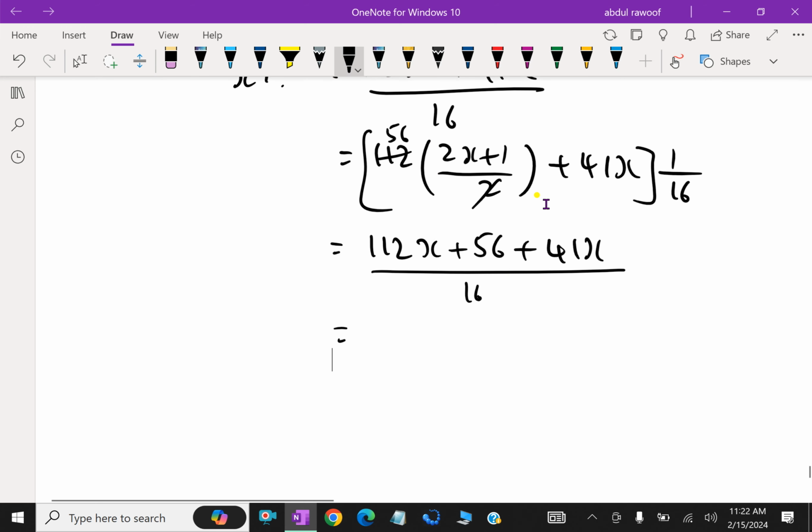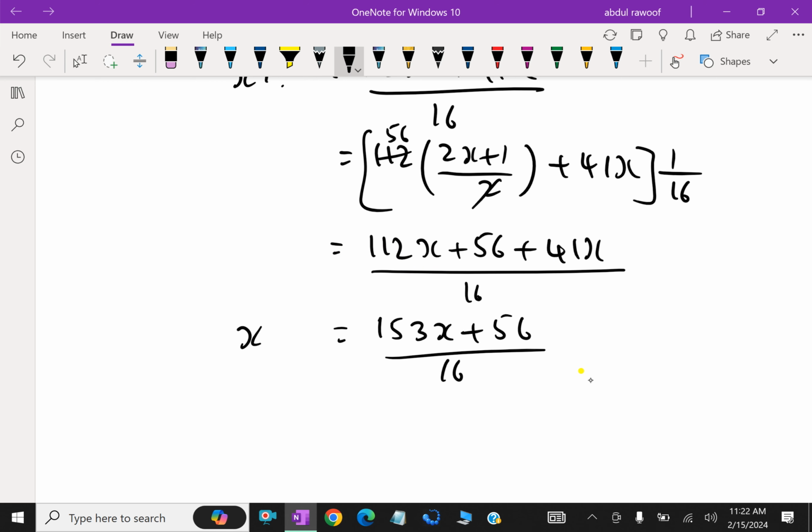Here 112 plus 41 is 153x, collecting x terms, (153x plus 56) over 16. So this is our expression for x power 9.